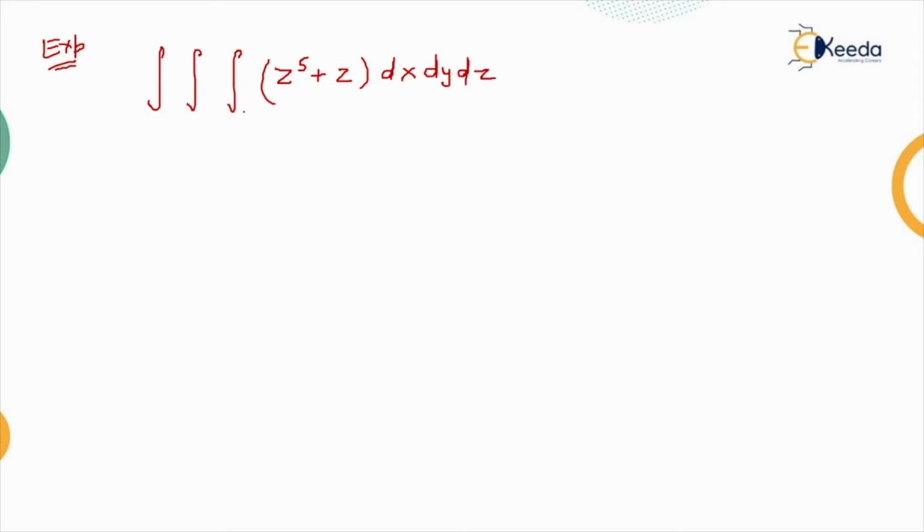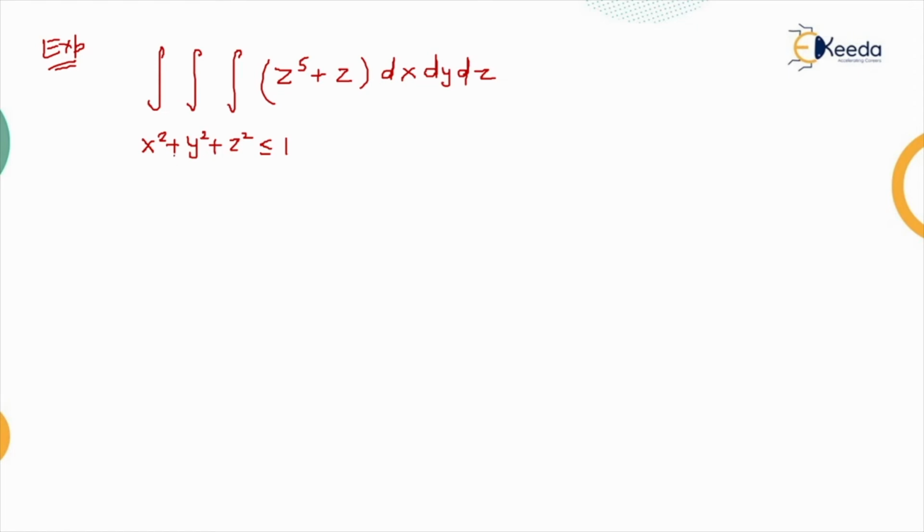Now the limit is not given to us. The bounded curves are not given to us, but a condition is given to us, that is a bounded region, and that is x square plus y square plus z square is less than or equal to 1. You will see these kinds of questions.